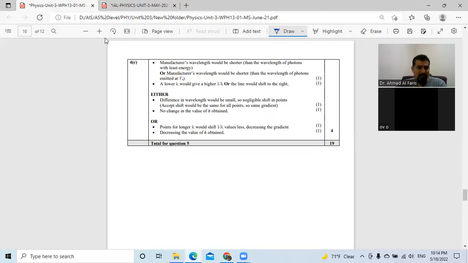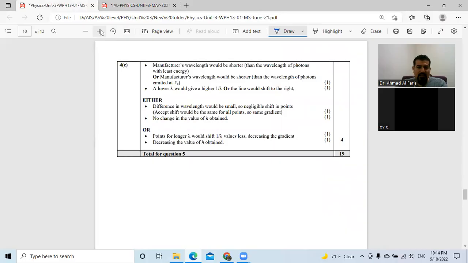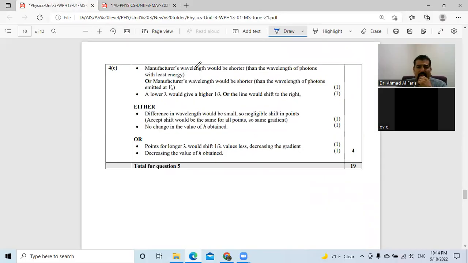In the mark scheme, yes, this is the last part here. The manufacturer value would be shorter than the wavelength of the photons that would have least energy. Or the manufacturer wavelength will be shorter than the wavelength obtained by the frequency emitted by the activation voltage. So that means a lower voltage will give a higher value of 1 over lambda.